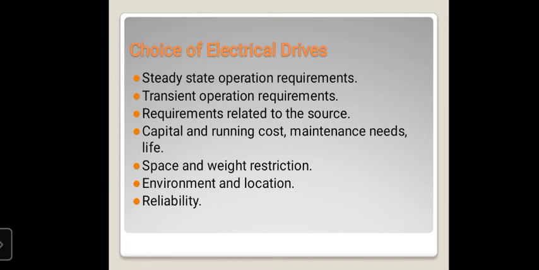So we have to maintain all this. And the next point is space and weight restriction. If there is some space or weight restriction, then we have to consider that point also. Then the environment and location.